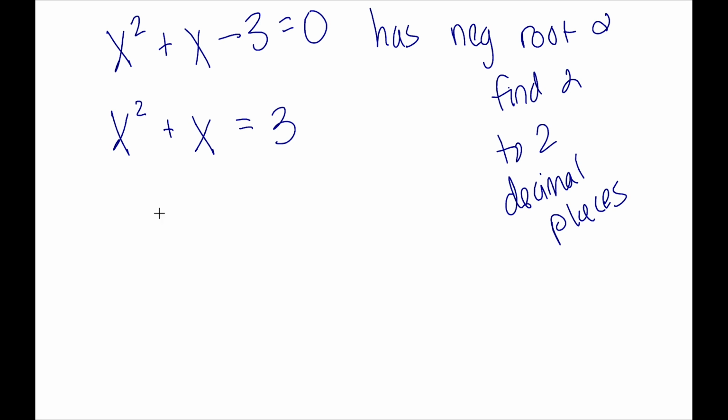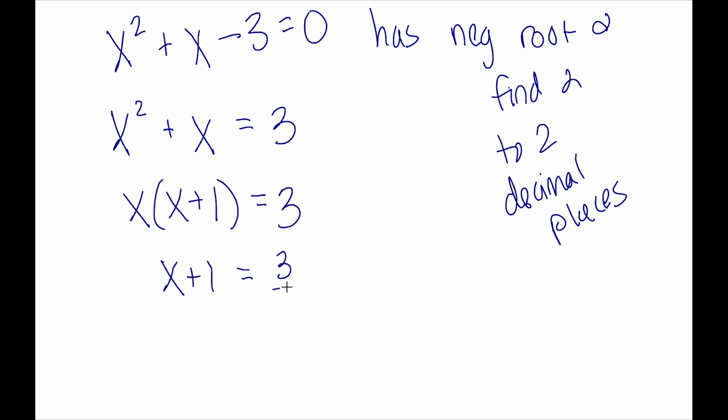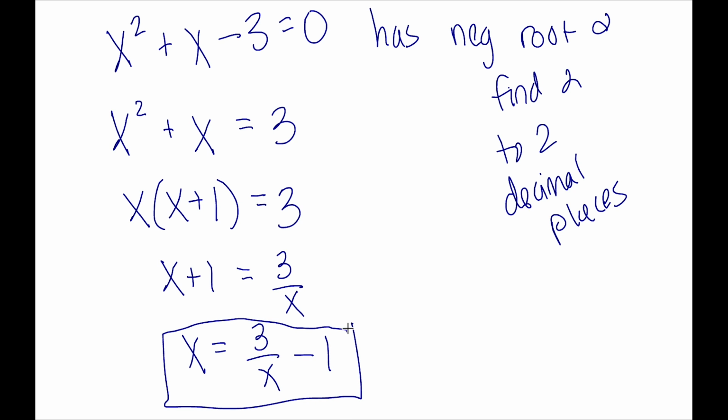X squared plus x equals 3. X times x plus 1 equals 3. X plus 1 equals 3 over x, and x equals 3 over x minus 1. So this will be the equation we're going to use to plug our values into.